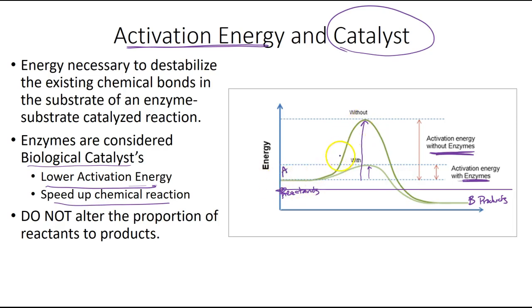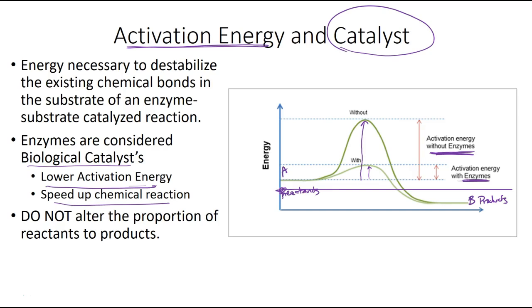But this path is the path that would have to be traversed in order for that chemical reaction to transpire without the use of an enzyme. So why are enzymes so important for metabolism and this metabolic pathway? Enzymes are crucial because of this energy lowering and speeding up the chemical reaction idea.